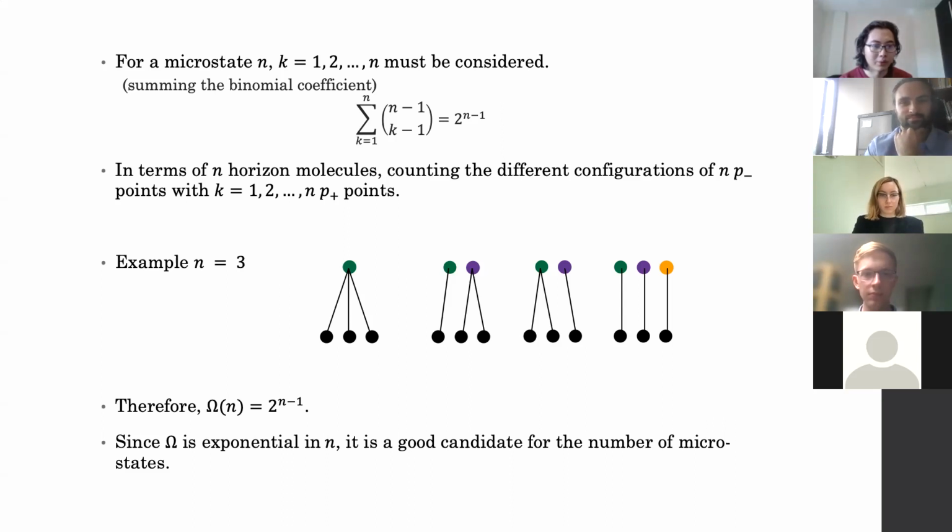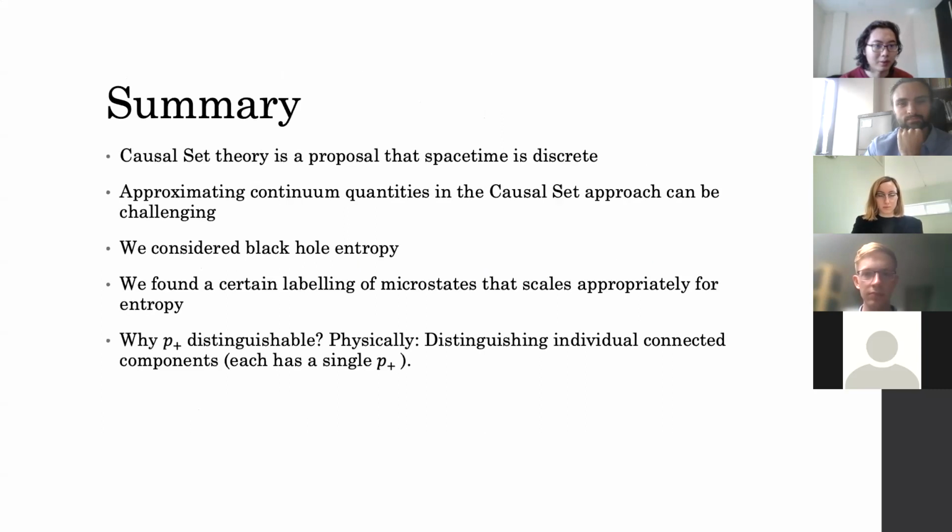There's more examples here, and because we have found the omega that we want, this is a good candidate for the number of microstates. I think that's all.